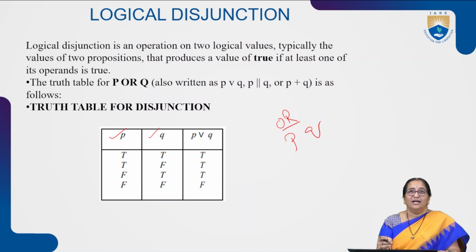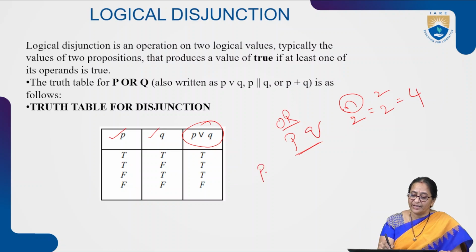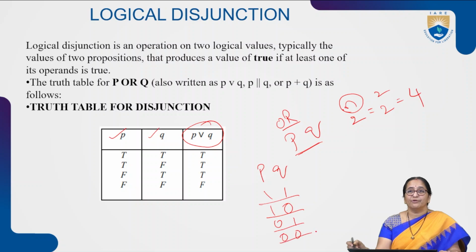Now we need to combine these two with the disjunction operation, P or Q. The values P and Q are the two variables, so the number of possible combinations for two variables is 2 square, that is 4 combinations. Those 4 combinations of P and Q are 11, 10, 01, 00. These are the 4 combinations we may get.